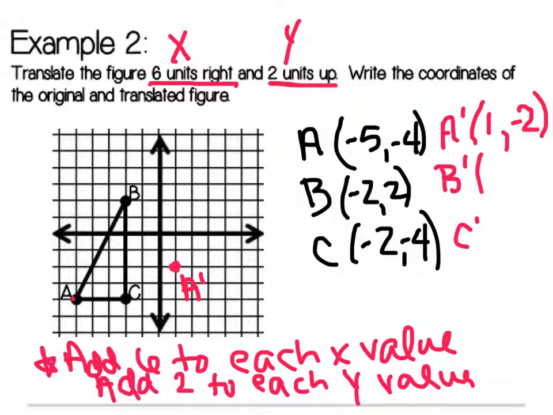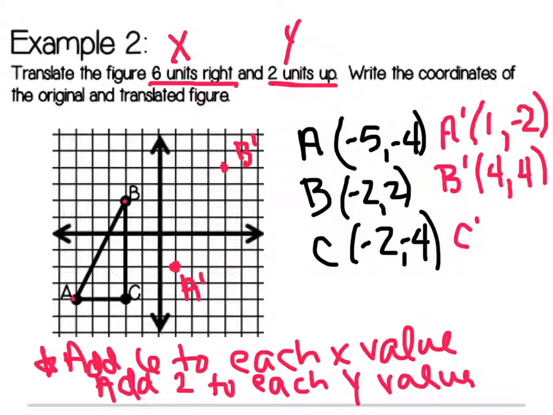Our image for B, put your pencil on B, we're going to move 6 units right and 2 units up and label this B prime, or the image of B. We were at -2. When we add 6 to -2, that takes us to +4 on the x-axis. And we were at +2, when we add 2 to the y value, because we're moving up 2, we're at 4.